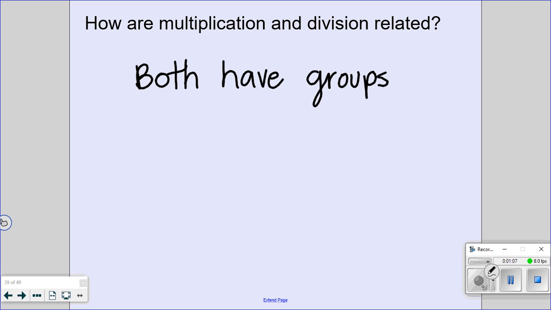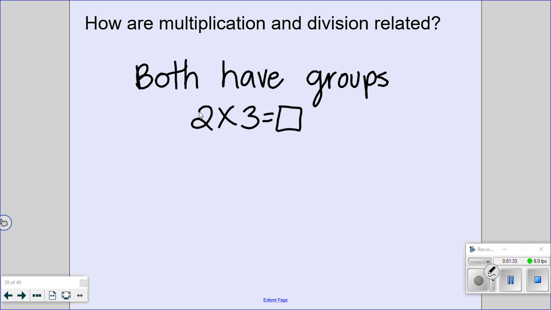So let's think about some equations in English. Let's pretend I've got this equation. How would I read that equation in English? Yep, go ahead and write it. Go for it, Samaya.